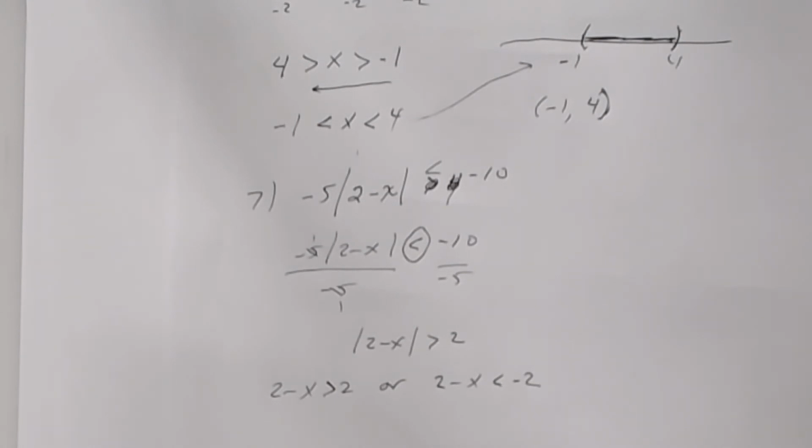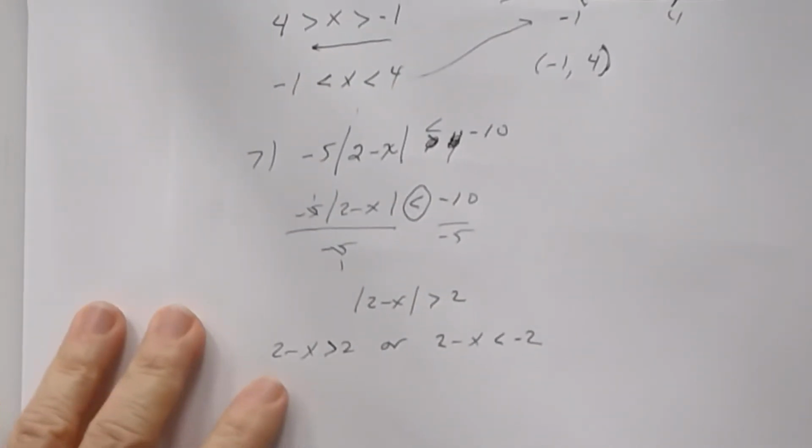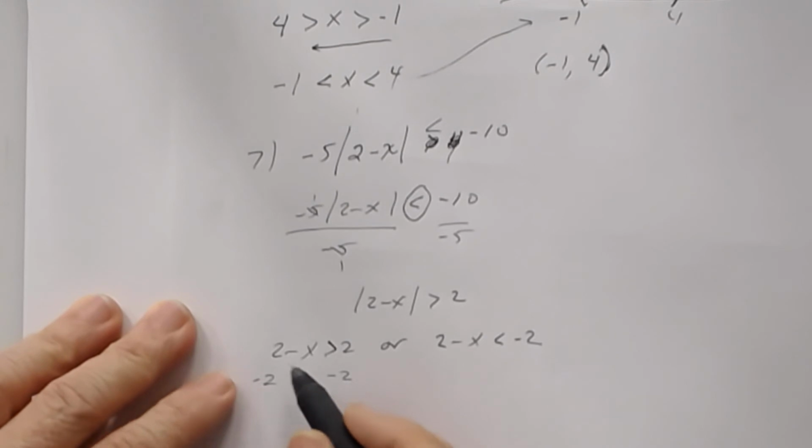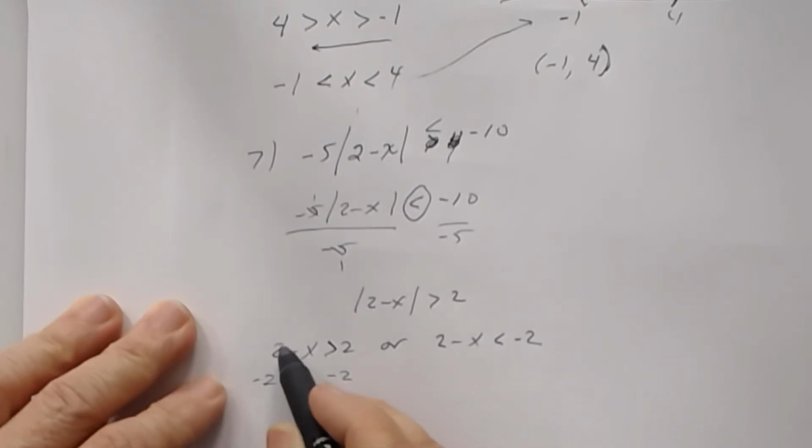And you just solve each one individually and you're done. All right, let's look at the first one. What are you going to do first over here? Subtract 2. So when I subtract 2, I get -x is greater than 0.